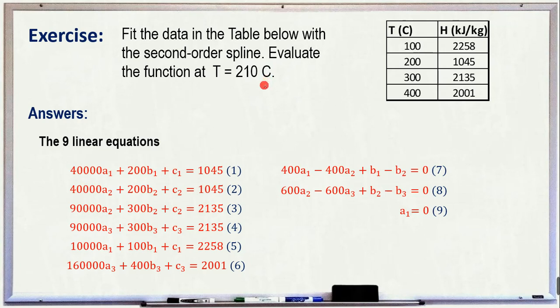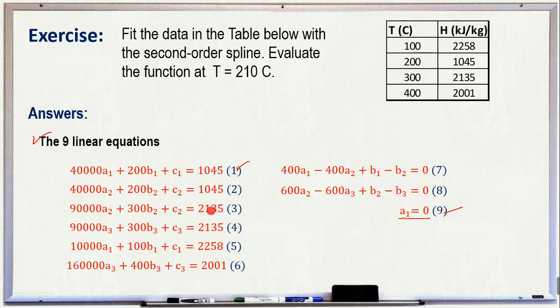Once you follow all those steps, you will arrive at these 9 linear equations, from equation 1 until the last. Notice that the last one conforms with our last step, in which we assume that the spline that connects the first two data points is a straight line. So we have a sub 1 is equal to 0.